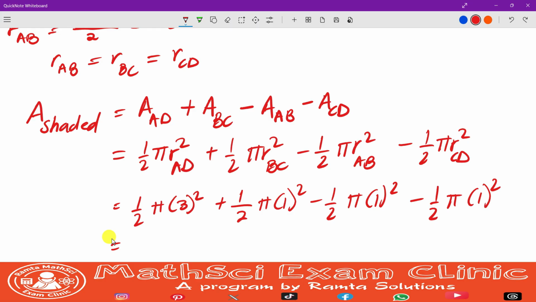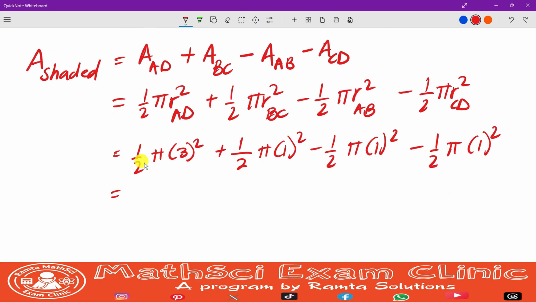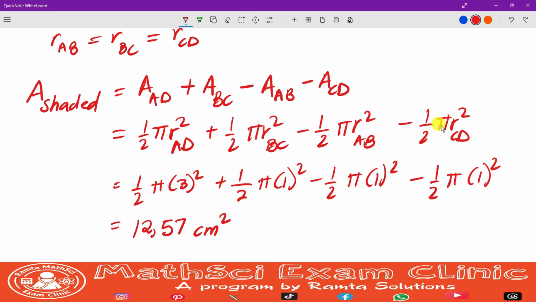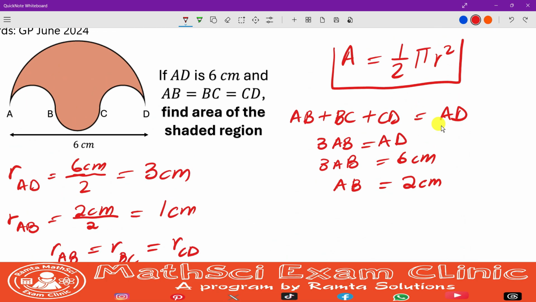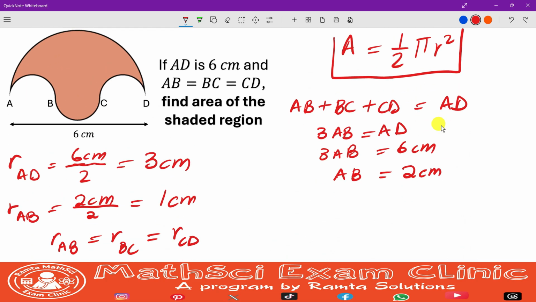Correct to 2 decimal places, the area of the shaded region is 12.57 square centimeters. Right, the area of the shaded region is 12.57 square centimeters. And this is how you find the area of a shaded region in such an object.